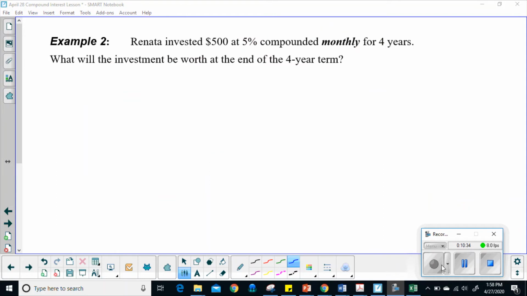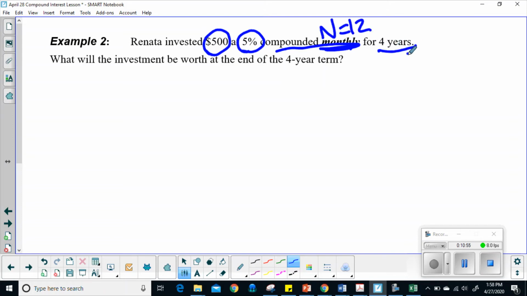All right, let's do an example where we actually calculate what things are going to be worth. So we've got Renata. She's going to invest $500. So that's an important number, $500 at 5% compounded monthly. Monthly is 12, for 4 years. So there's my time, there's my interest rate, there's my principal.